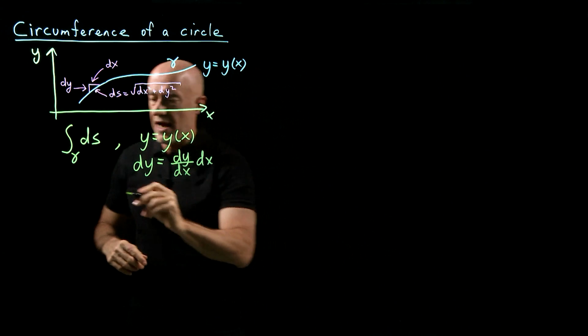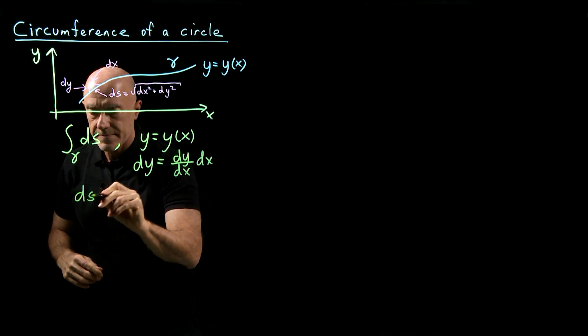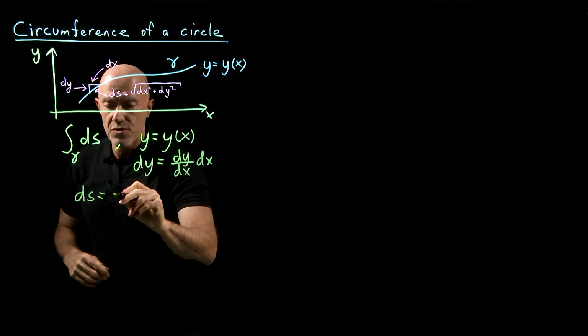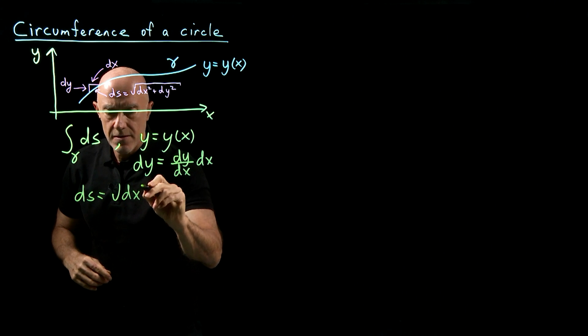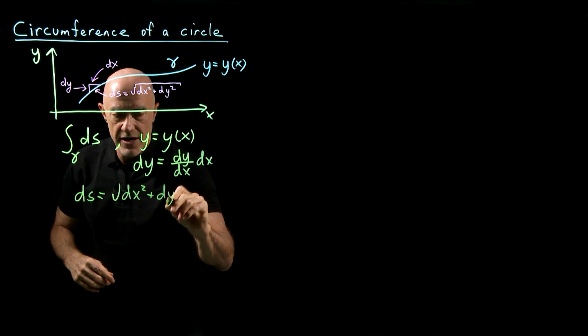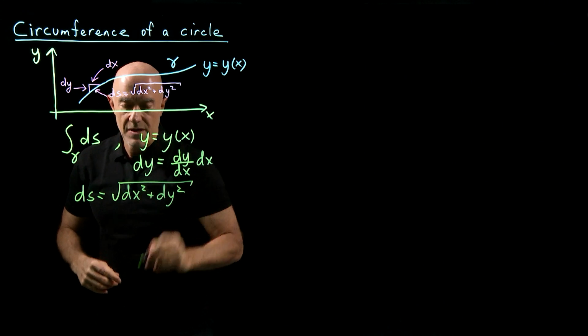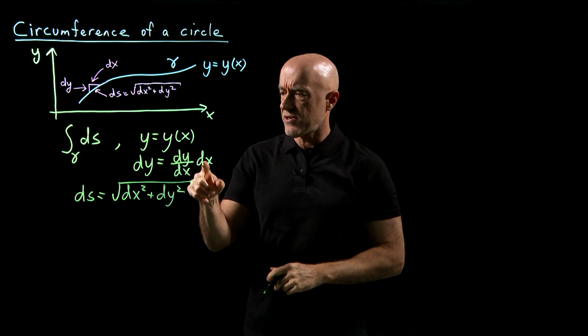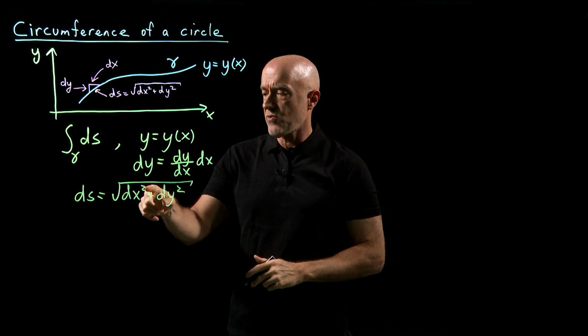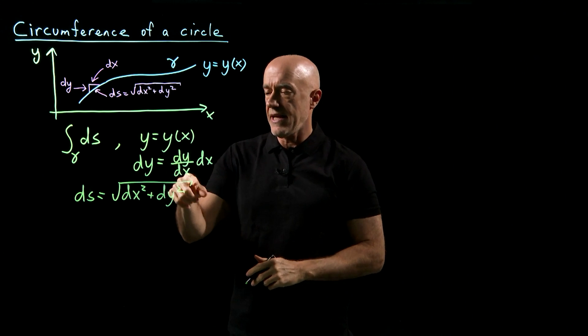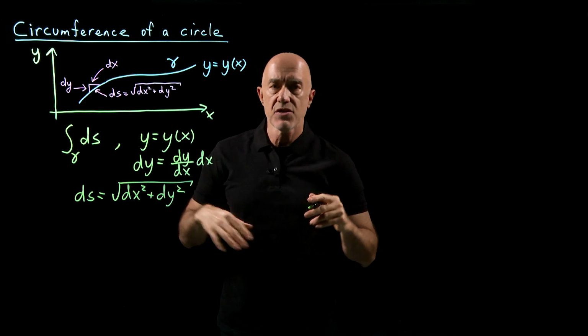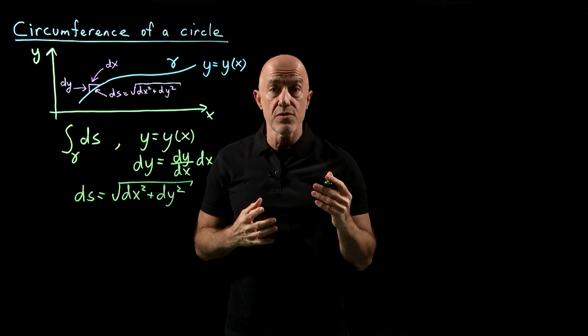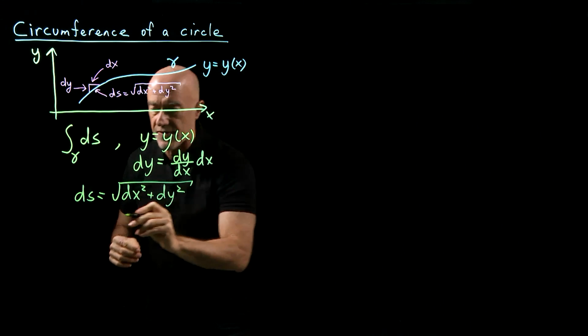And then we can write ds as the square root of dx squared plus dy squared. And dy squared now also has a dx squared in it. So it's dx squared plus (dy/dx) squared dx squared. So we can take the square root of dx squared and factor out the dx.